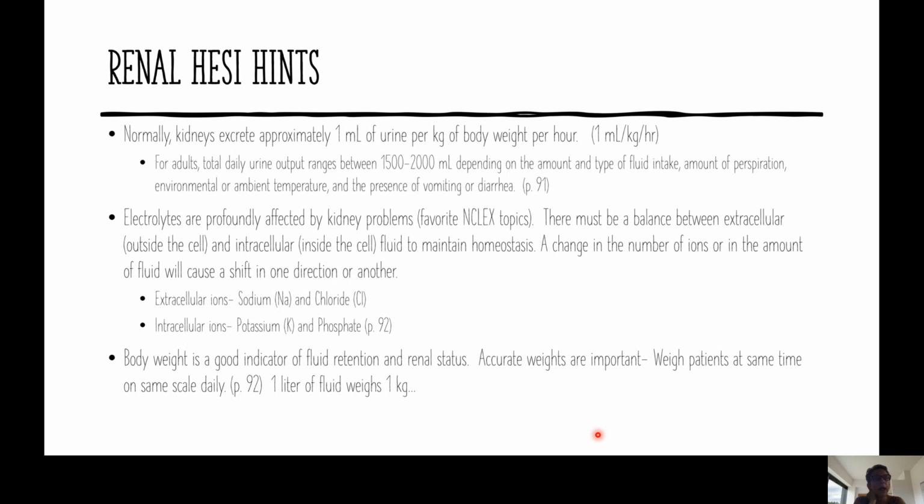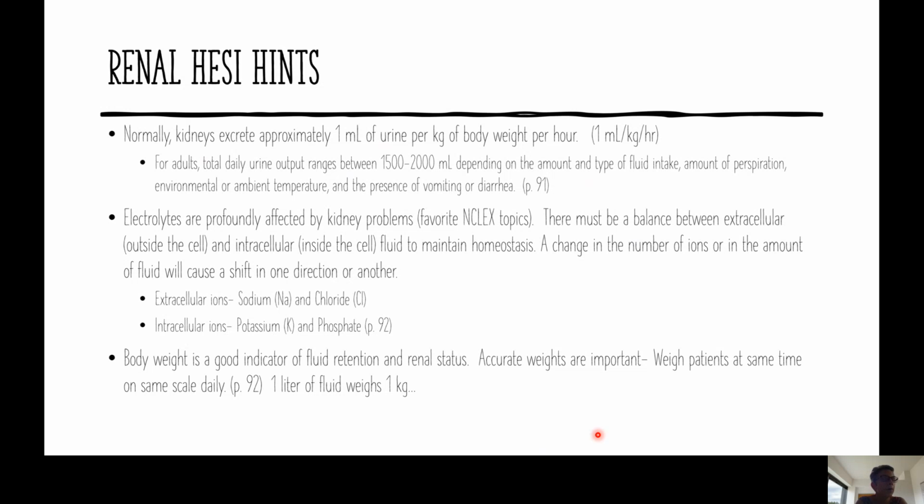There must be a balance between extracellular, outside the cell, and intracellular fluid to maintain homeostasis. A change in the number of ions or the amount of fluid will cause a shift in one direction or another. Major extracellular ions, as I mentioned, are sodium and chloride. The major intracellular ions are potassium and phosphate.